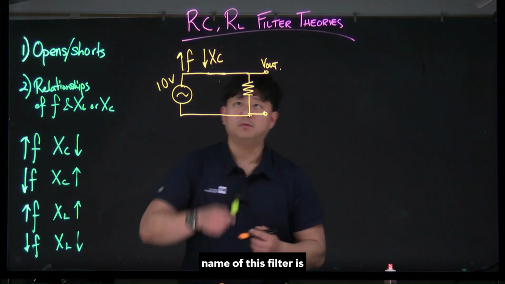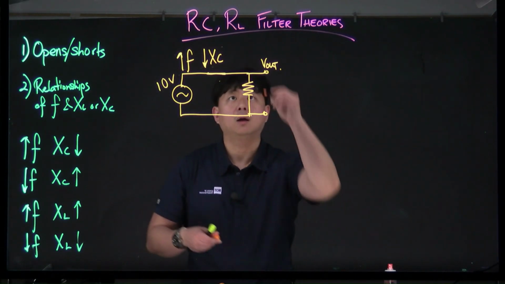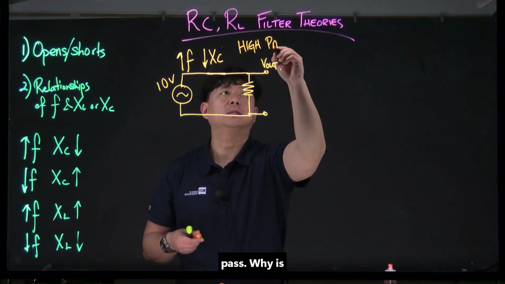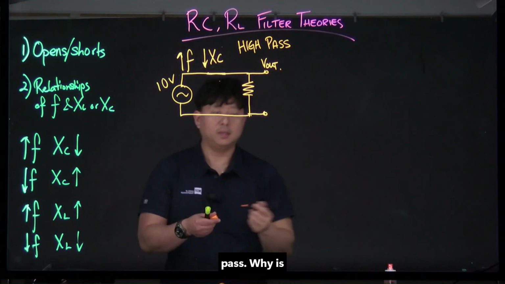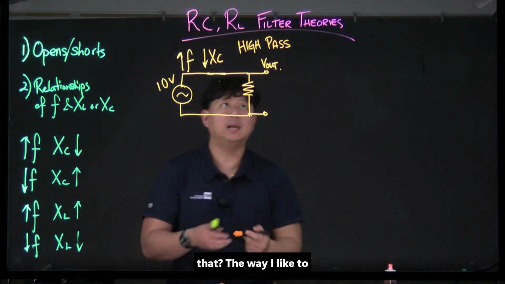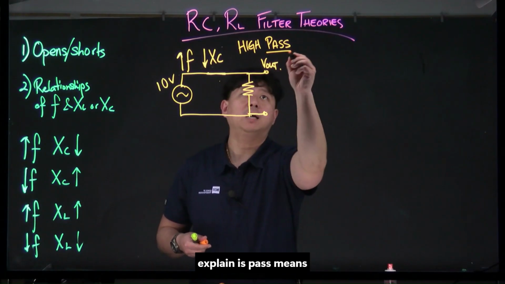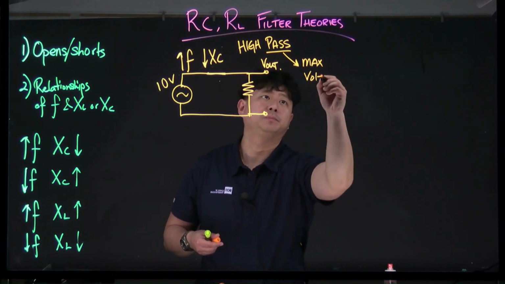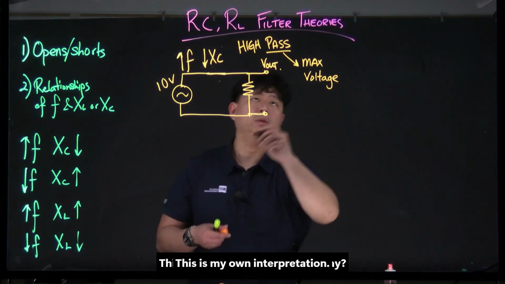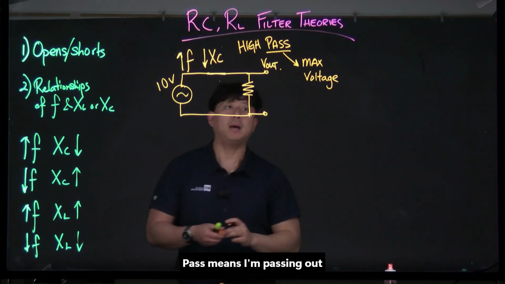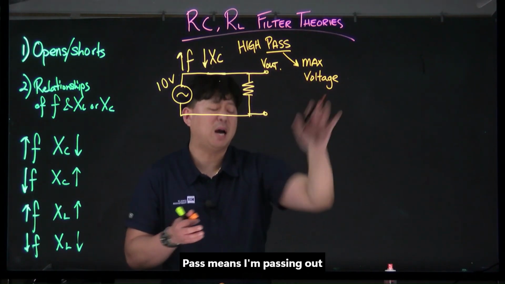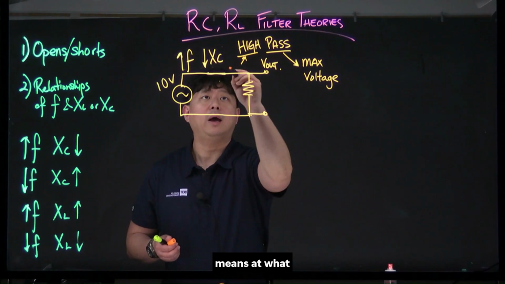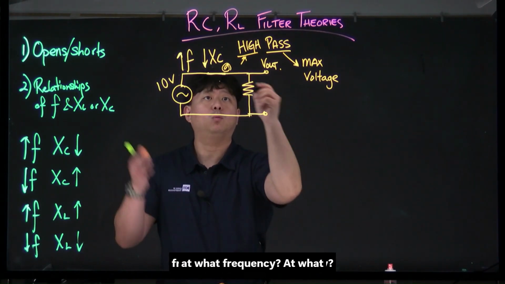So the name of this filter is high pass. Why is that? Well, the way I like to explain it is pass means max voltage. This is my own interpretation, okay? Pass means I'm passing out maximum voltage, and high means at what frequency?